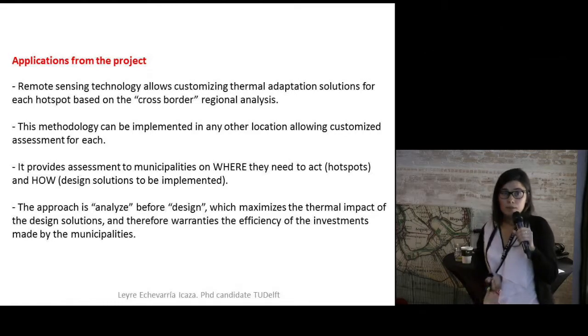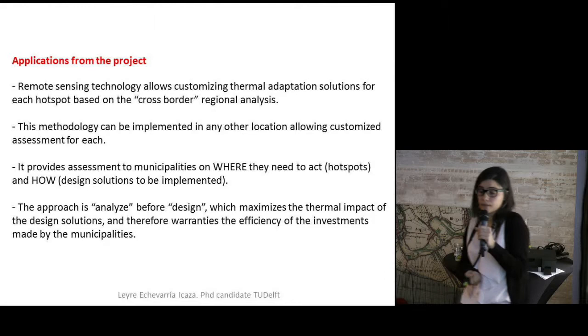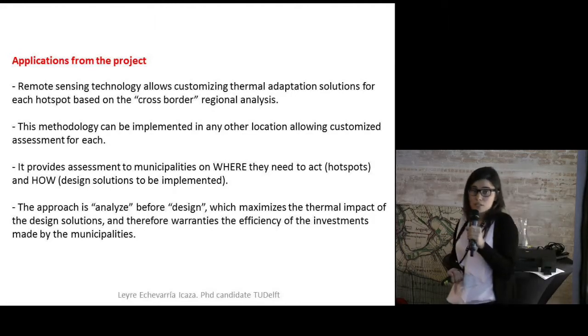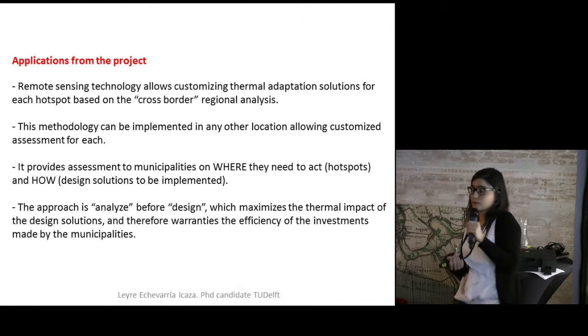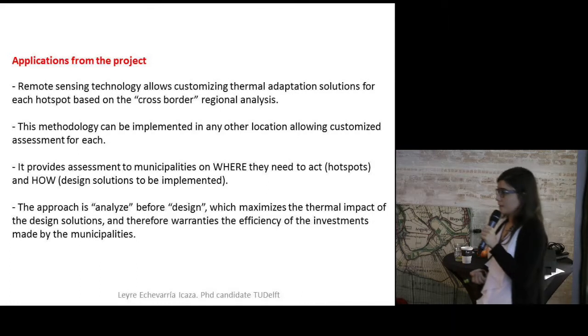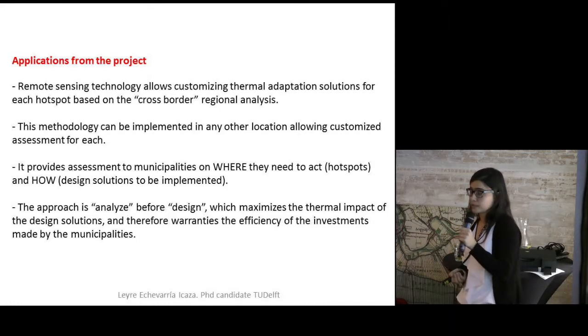It provides assessment on where to act, and the assessment in these times of crisis is to analyze before design, which maximizes the thermal impact of the measures. So it provides certain warranties that the method implemented is actually going to work, thermally speaking.